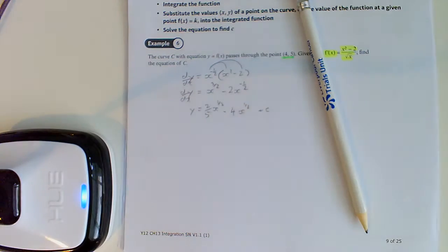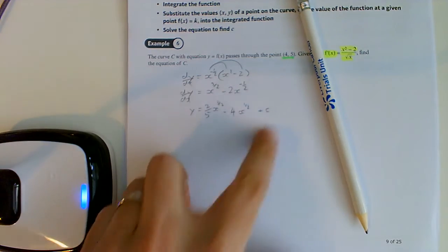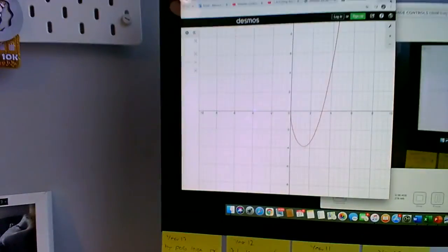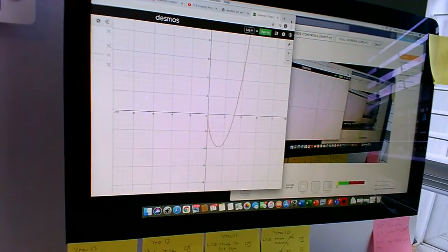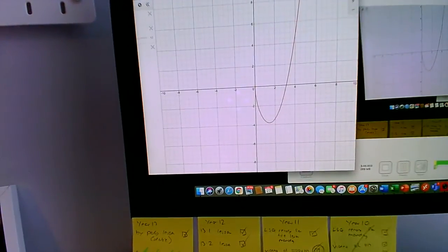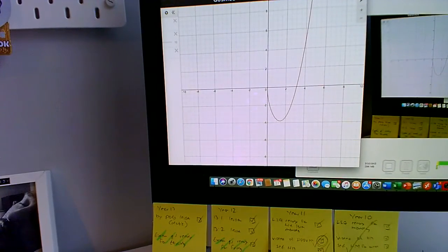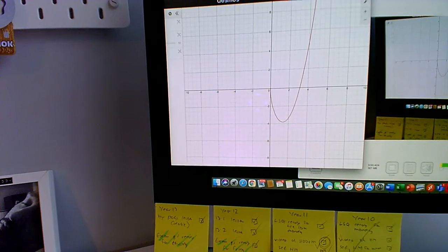Okay, and just to show you a little bit about what I'm talking about here and why we've got a little bit more work to do, I hope this works. Right, on Desmos, I hope you can see that. This curve is the curve of 2/5 x to the 5 over 2 minus 4x to the power of a half.